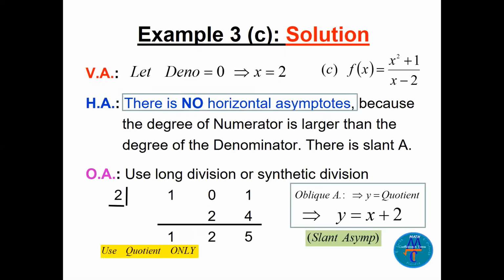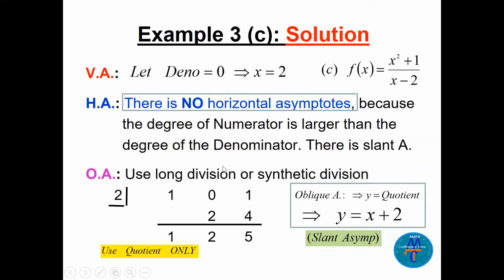Now the third one here, (x² + 1)/(x - 2). There is no horizontal because the degree in the numerator is higher than the degree of the denominator. The vertical asymptote is easy, x equals 2, finished.